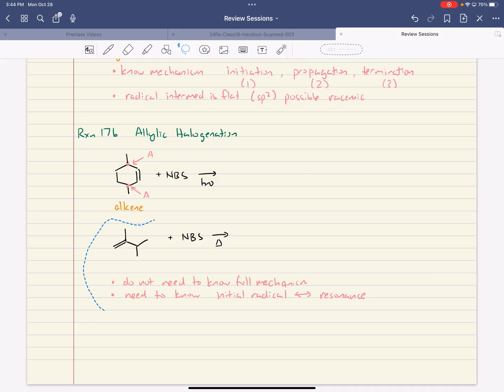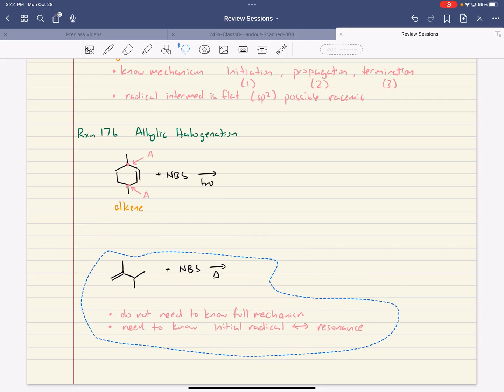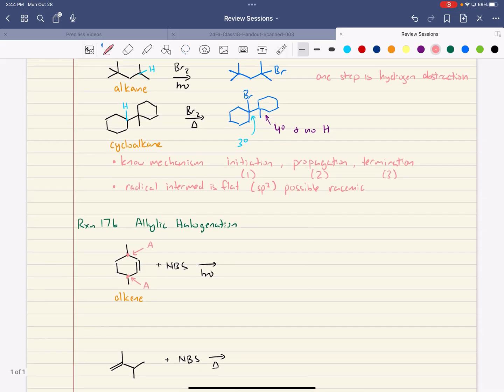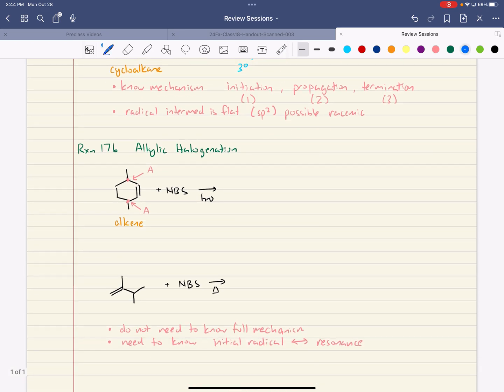You could always recopy your notes. But let me move this down a little bit. The shortcut. Let me show you how to do it the fast way. The fast way is, for the first product, you put the bromine exactly where the arrow is pointing, right there.